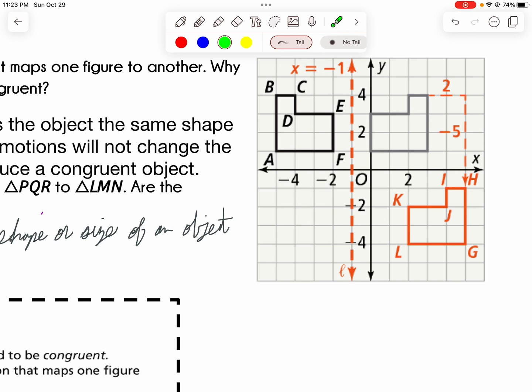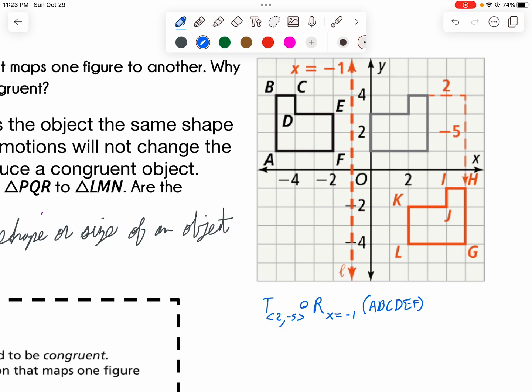And I want to write that series of transformations down. So we start with a reflection. We do a capital R for reflection. We're not reflecting across the y-axis, but across x equals -1. And we're doing that to A, B, C, D, E, F. And after we reflect, we're going to translate according to this rule, 2 and -5.